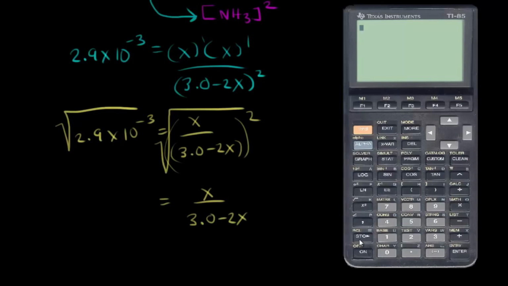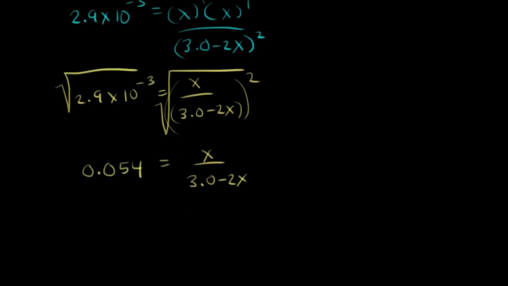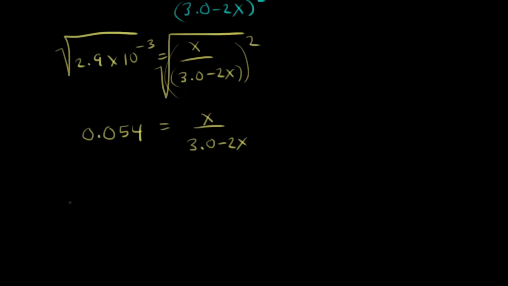And let's take out the calculator to do the other one. So the square root of 2.9 times 10 to the negative third is equal to, let's round that to 0.054. It just makes it easier here to round that. Our goal is to solve for x, the molar solubility.